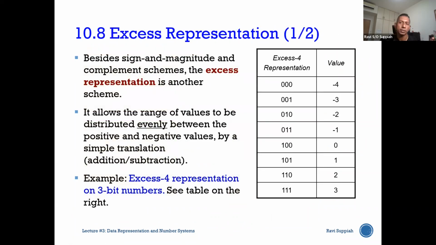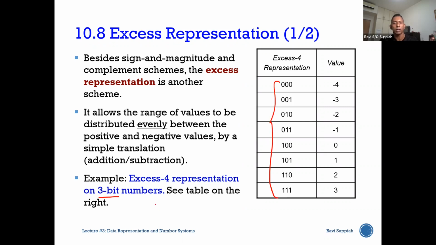Okay, so this excess representation, again, I'll not go through, it's just for information only. It's just to show you that there is another way of representing numbers. Basically what it does is it just shifts your entire range to a new starting point. So for example, if I say that I have 3-bit numbers, this is the full representation.